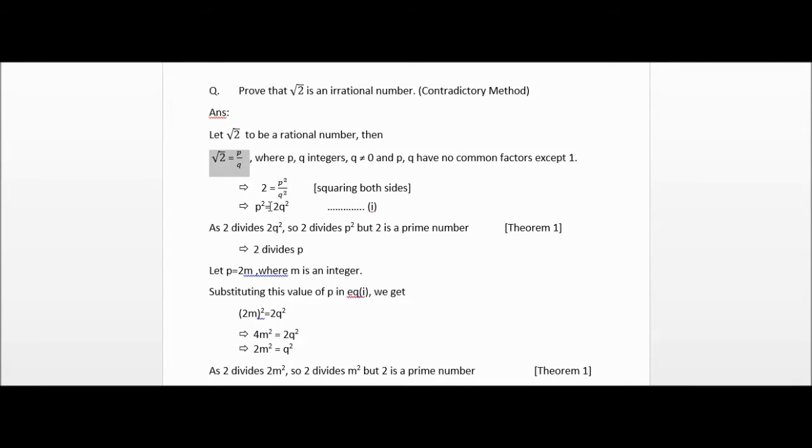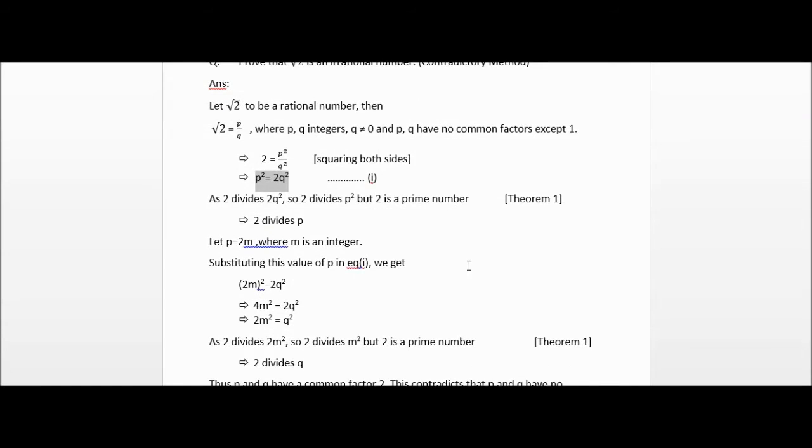Now we can cross multiply this equation, which will be converted to p square equal to 2q square. This 2 is multiplied with q square.